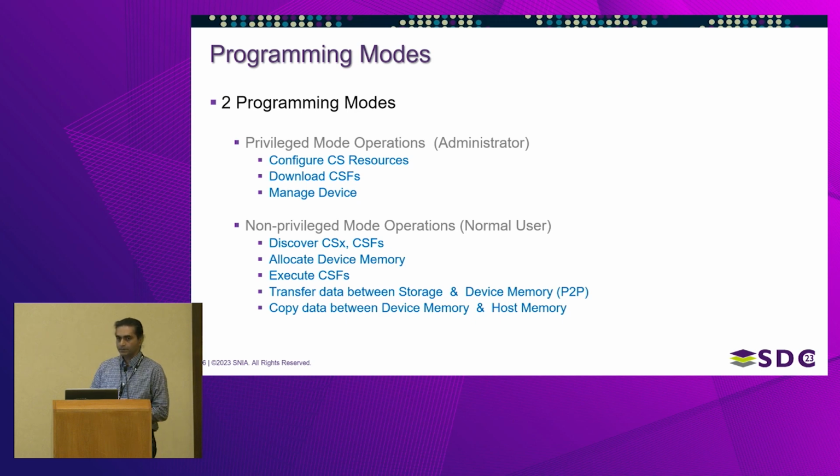One is privilege mode, wherein it's more of an administrative mode where you can actually configure your CSRs, or computational storage resources. You could download CSFs, and you could configure them, and you can overall manage the device. So these type of operations are more tailored to an administrative type of capability.